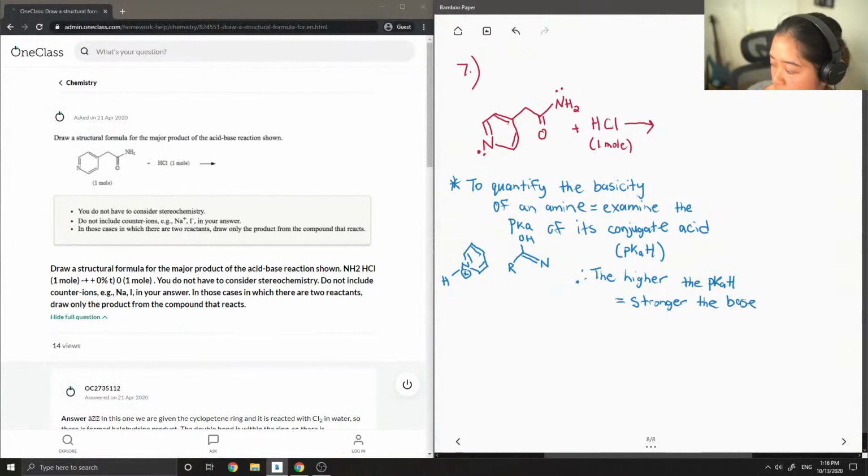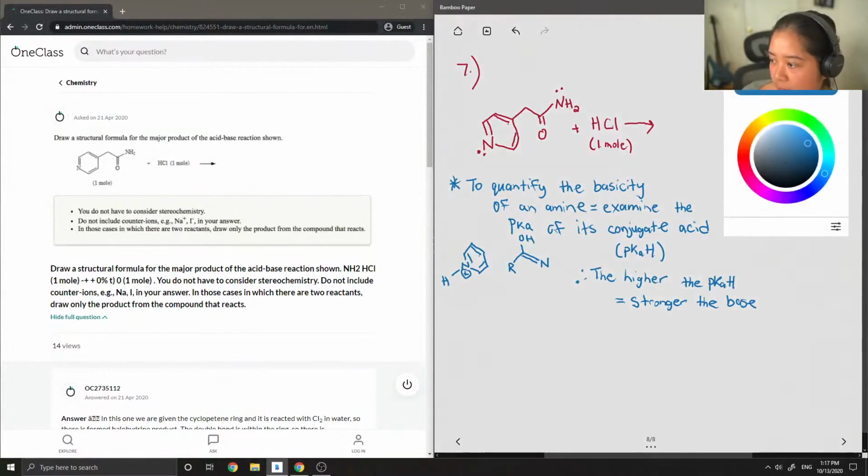So I know it's a bit confusing. So again, pKaH is the pKa of the conjugate acid of these bases, which I drew here. And basically, the higher the pKaH, you get a stronger base. So the stronger base will be able to deprotonate this 1 mole of HCl.